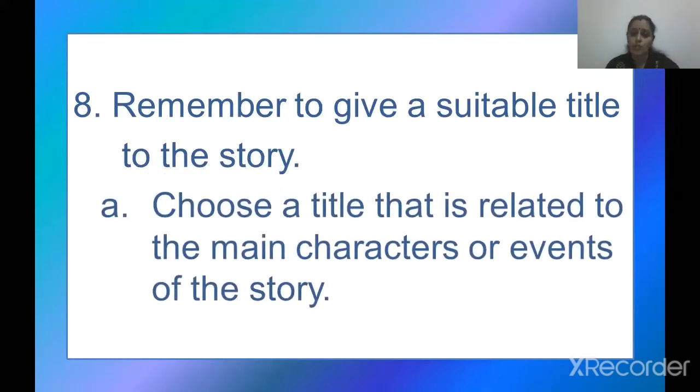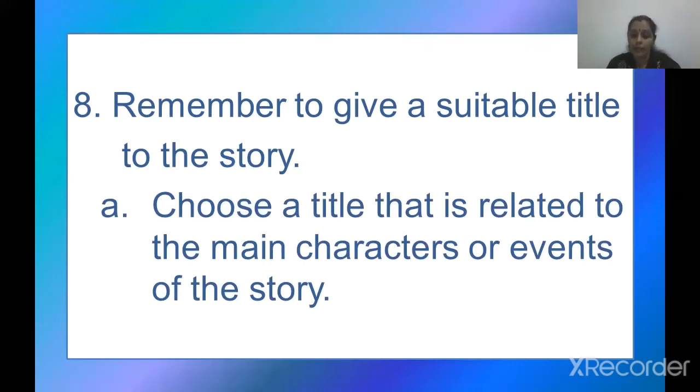Just observe who are the main characters of the story. So you can decide on a title based on the main characters or the important events of the story. So you have to choose a title that is related to the main characters or events of the story.